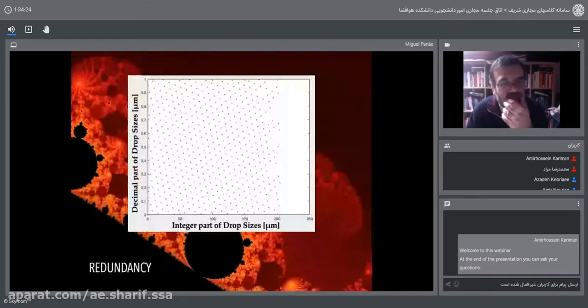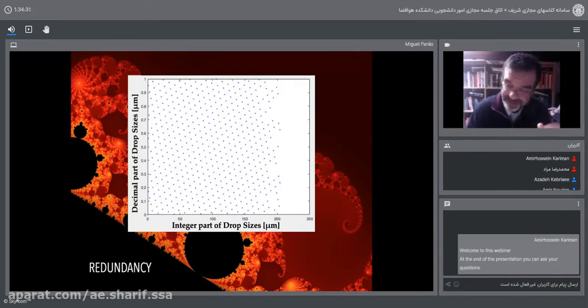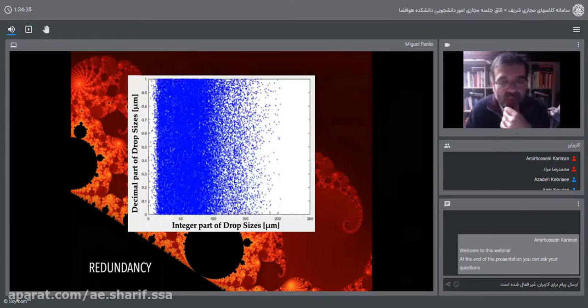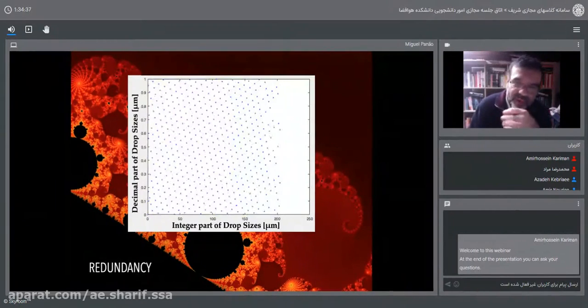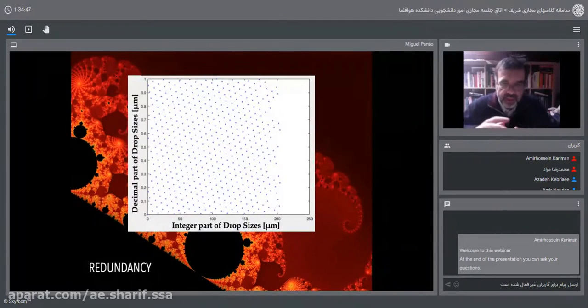So I wonder, if the decimal part is redundant, I could replace it with, let's say, a random number. What is interesting is that there is a function in the language MATLAB that allows me to see how many unique values I have in a data set of 50,000 samples.